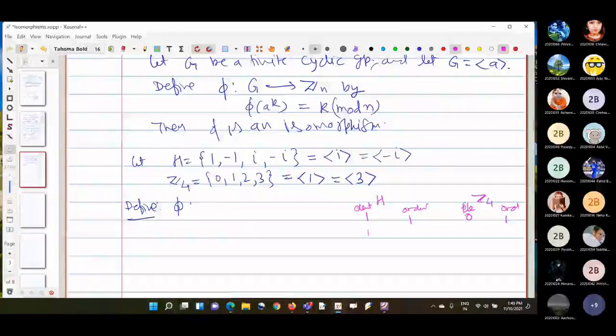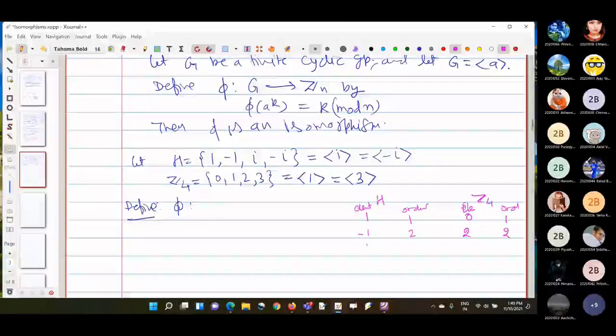Element here, if you see, in H we have a negative 1. Its order is 2. Okay. So here we can find some element which order is 2, that is self inverse. I think this is 2. 2 plus 2, 4. So 2, its order is 2. Okay.